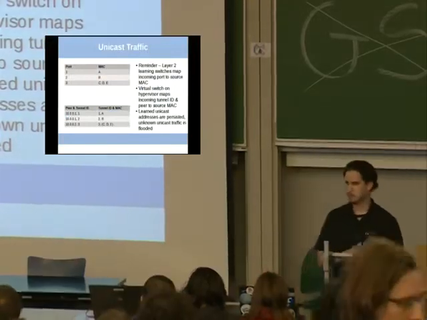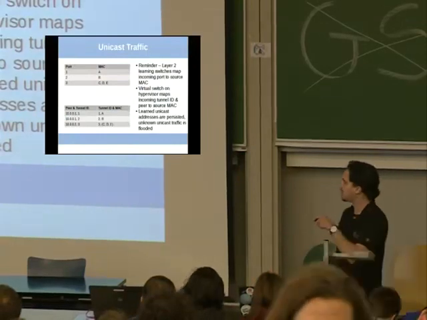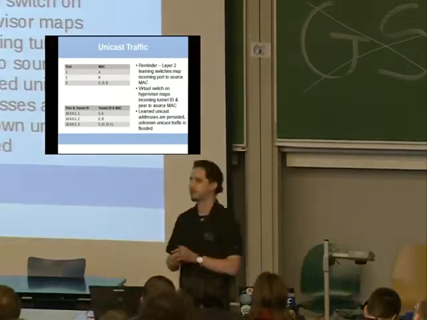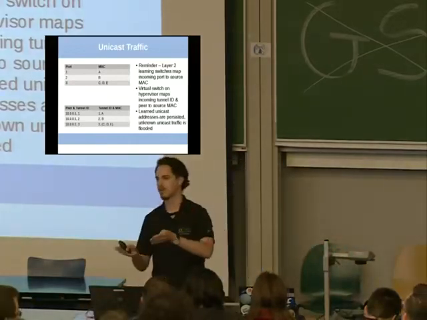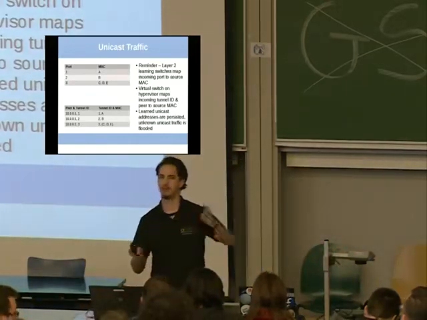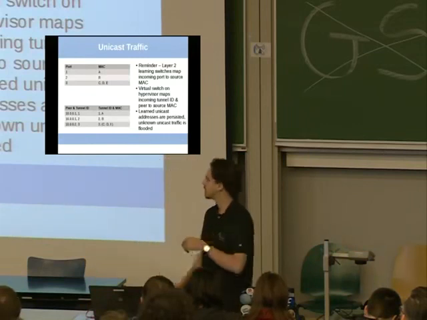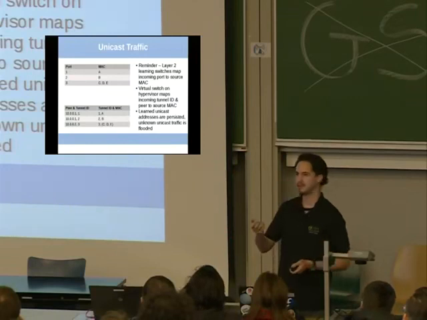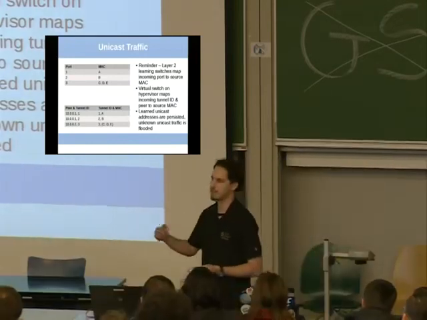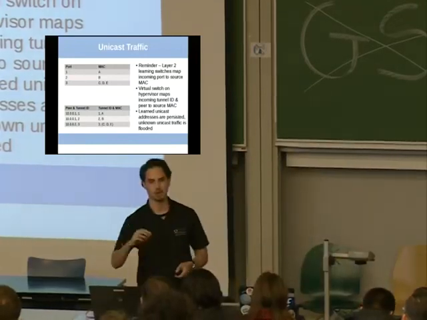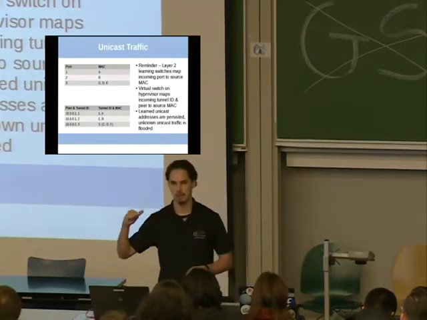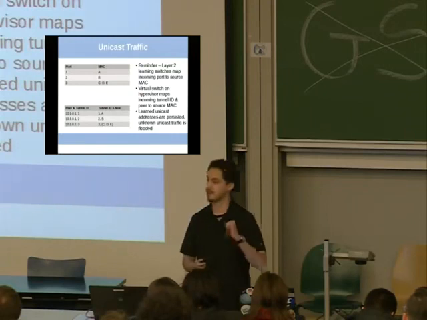So how do they work? They have a table, which is a binding or a map between the port number, so if the ports are numbered 1 to 24, each port is bound to a set of MAC addresses. Basically the switch is sniffing traffic as it goes through it. It looks at the source MAC address: where is this message coming from, and what port is it coming from?